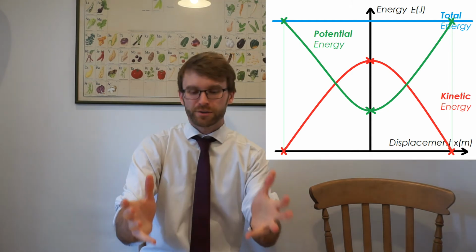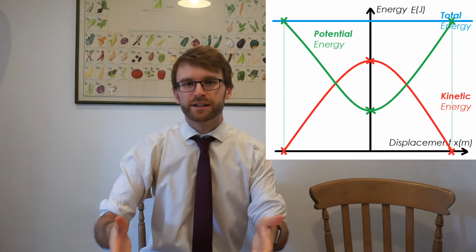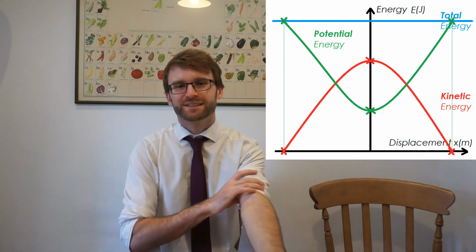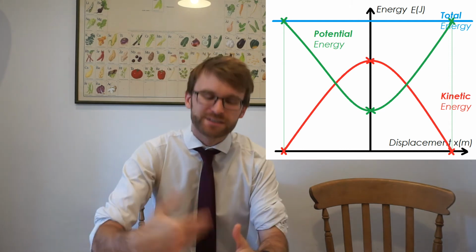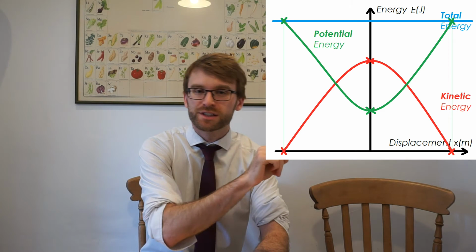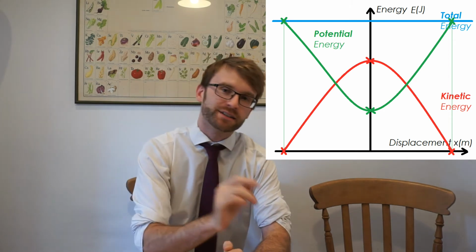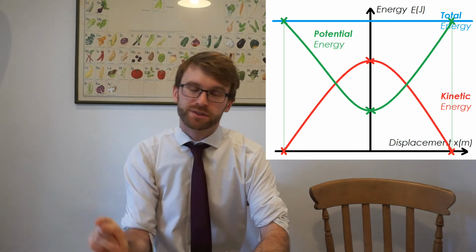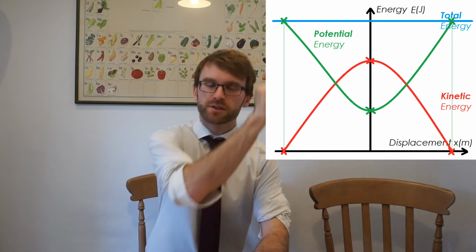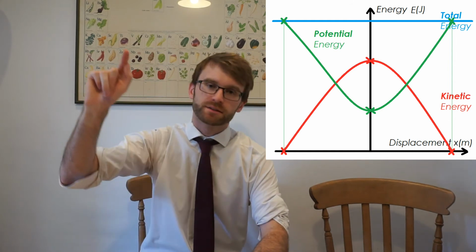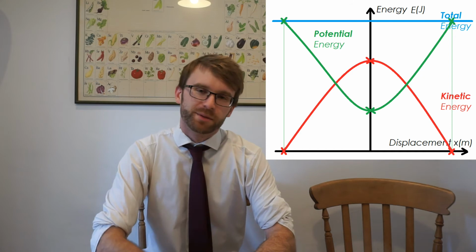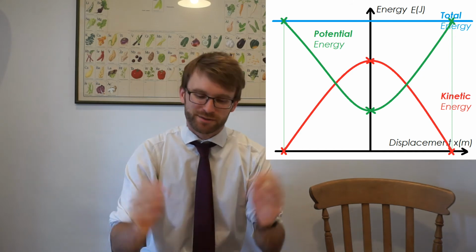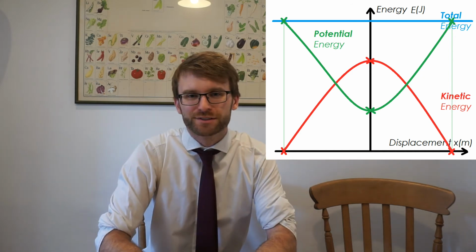I know when you look at that graph as is, it's just a collection of lines and it probably doesn't make that much sense. But when you think of it as described, when you think of the total energy as always constant, the kinetic energy goes between 0 and maximum and 0, and so the potential energy goes between maximum, minimum and maximum. Hopefully that makes a little bit more sense as to what that kind of complicated graph is trying to show you. So that's it for energy, that's all.